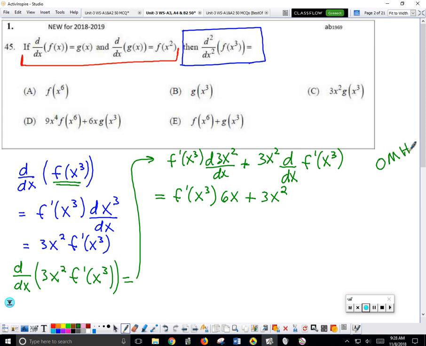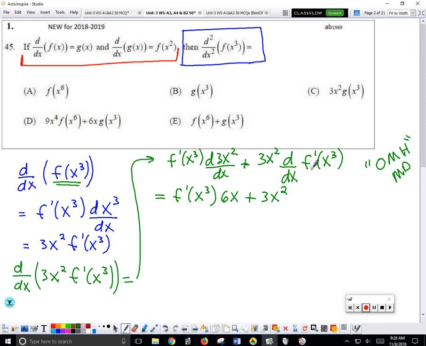The chain rule is the easy one. You've got the derivative of a function of something. It's very easy. Just take the derivative of the function. Say it out loud, please.